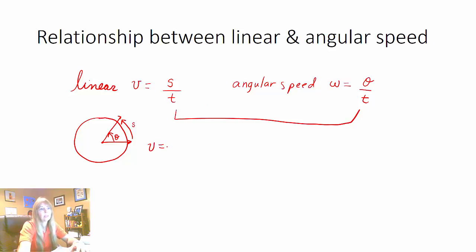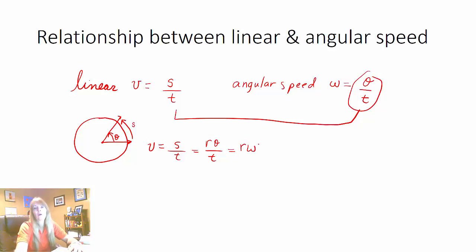So if I have this S over T, and we said that S was arc length, which was r theta, remember the last lecture? And so I can say, well, looking here, theta over T is omega, so v equals r omega.